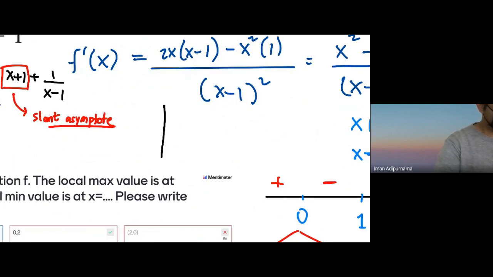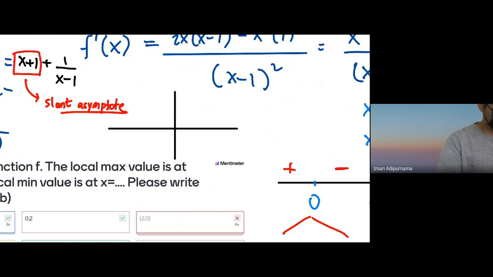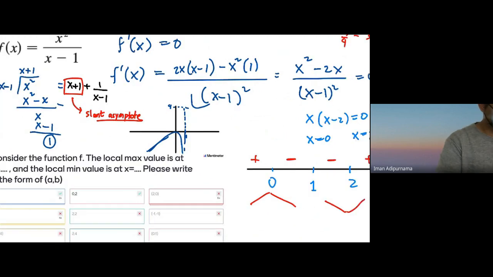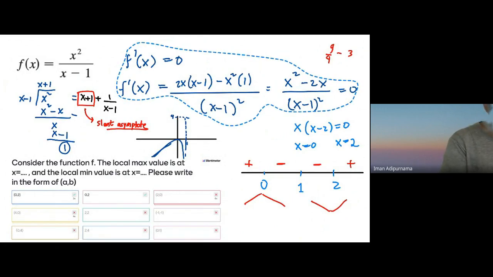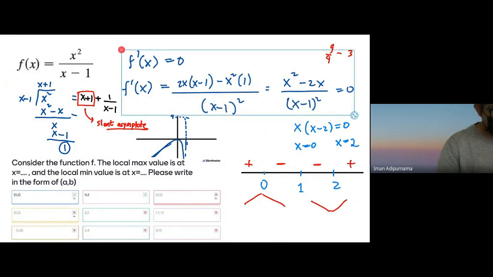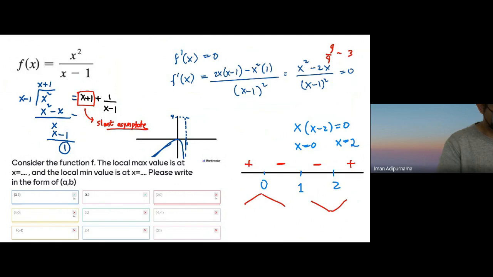If you want to draw, let me just draw first. The graph is probably like this. It will have an asymptote at 1, right? It has an asymptote like this, and maybe this is 4.